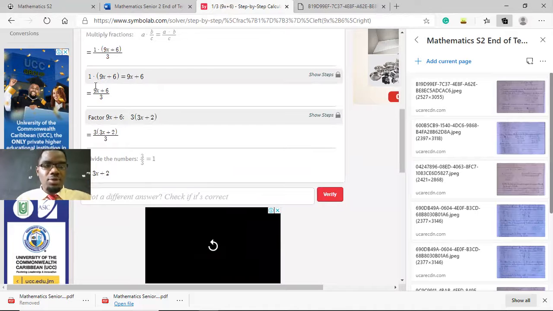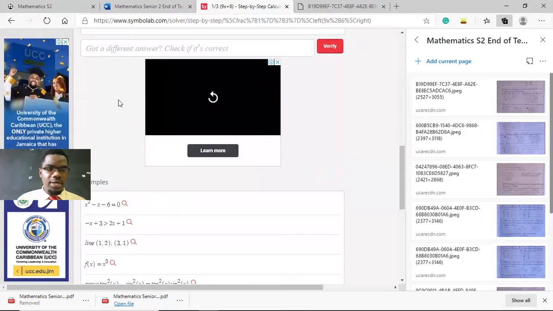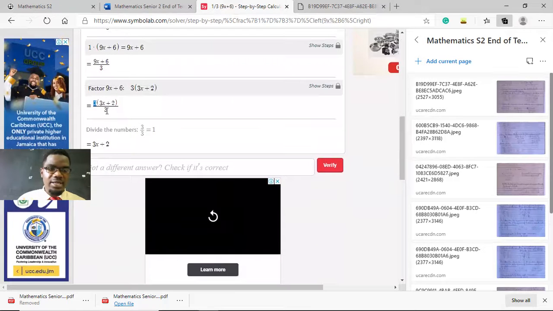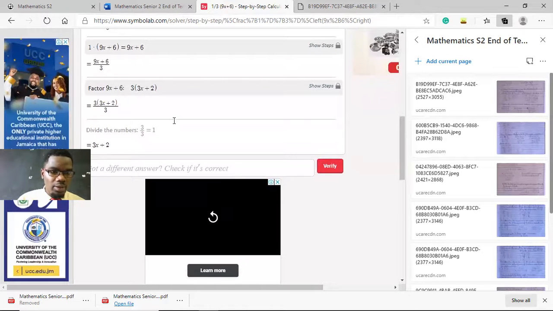Instead of putting 9x, we put the 3 back with the other x that we had. So we have 3x, the 3 and the x, plus the 2, right? And the factor that we used to simplify it was 3. So we put 3 on the outside, okay? Right, so let's look at it now. The only thing we have left to say is that the answer is really just 3x plus 2 because 3 divided by 3 gives you 1.